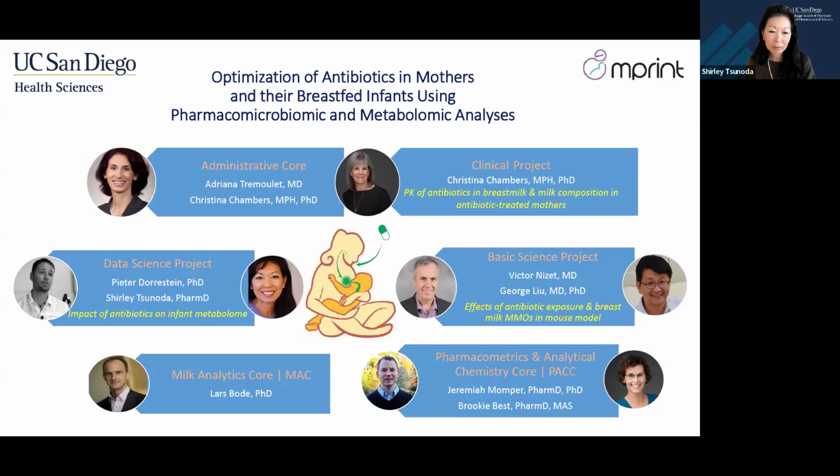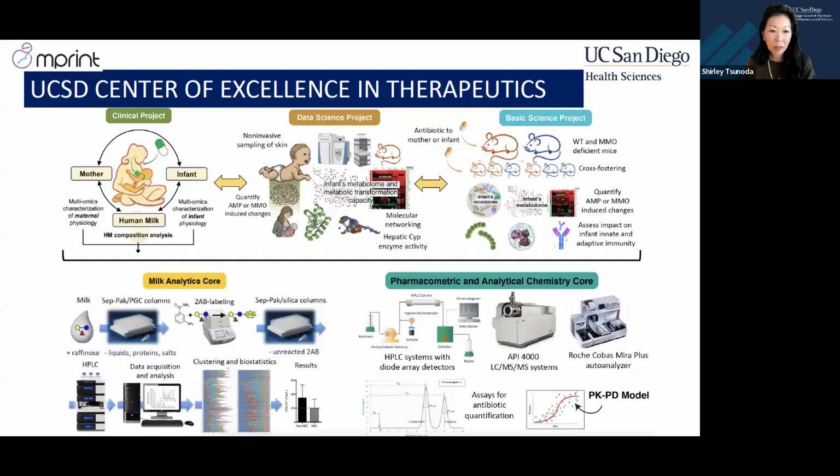At our UCSD Center of Excellence, we interface all three projects together. We currently have a clinical project that just finished recruiting. We've collected all of the samples for this clinical project that I'm going to tell you about in a minute, and we're currently processing them in our untargeted metabolomics pipeline.